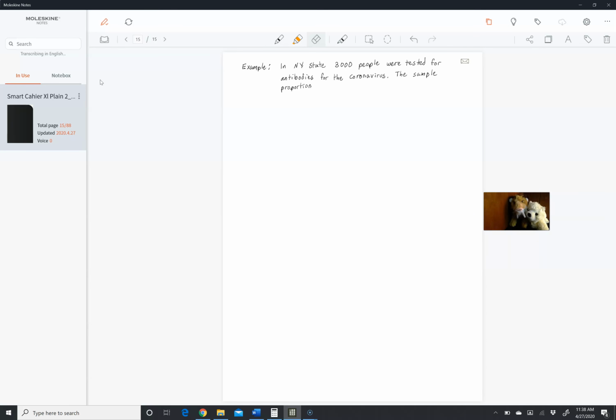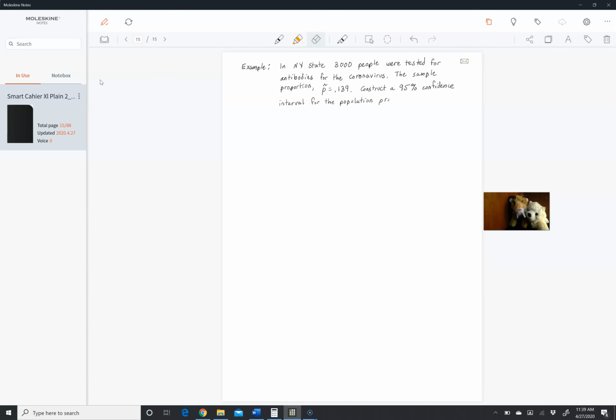So the sample proportion, p hat, was equal to 0.139. That's what 13.9% is as a decimal.